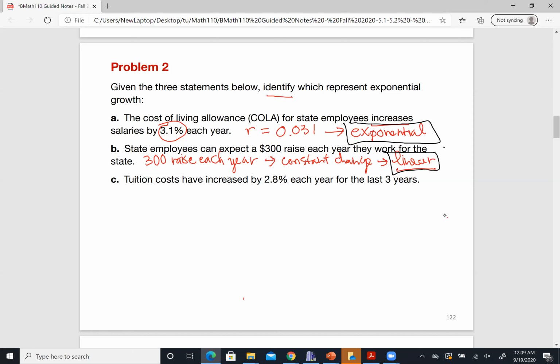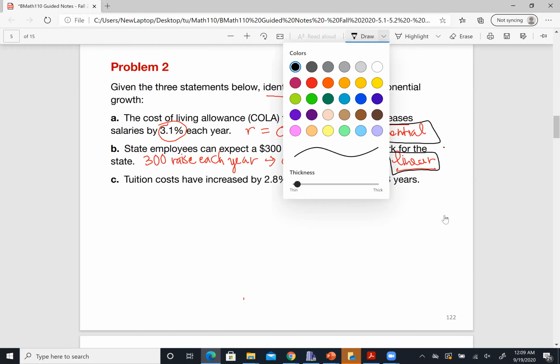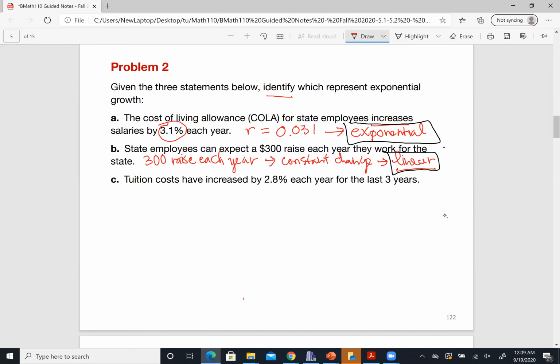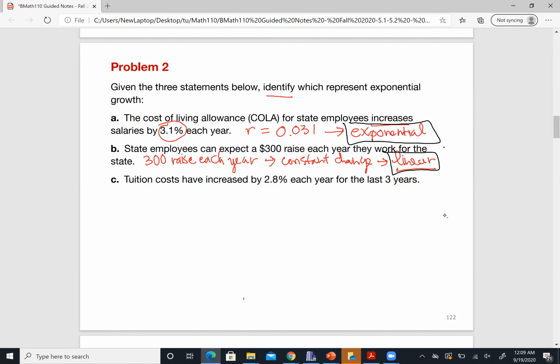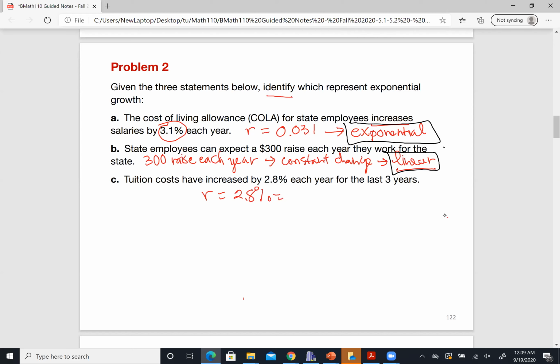And tuition costs have increased by 2.8% each year. Okay, so again you will see here you have a rate. The rate in here is 2.8%, which equals 0.028.